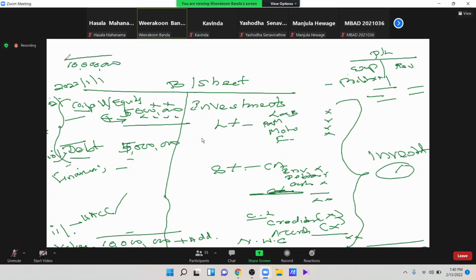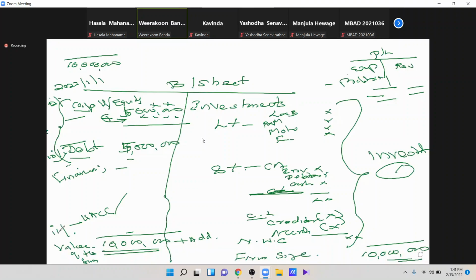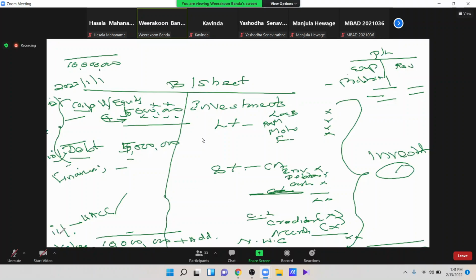Then in order to maintain this investors' requirement, we have to pay an 11% cost. Then how much do we have to earn annually as profit?